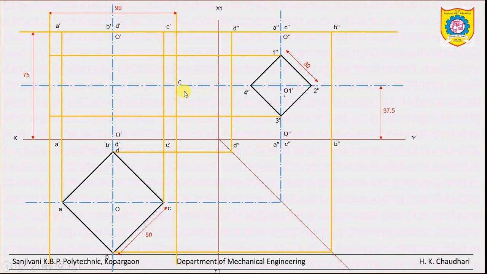Here will be O1 dash, then O1 dash, this is the axis of the horizontal prism. Now the other points: 1 double dash, here 2 double dash, 3 double dash and again here 4 double dash. Similarly on the left face.